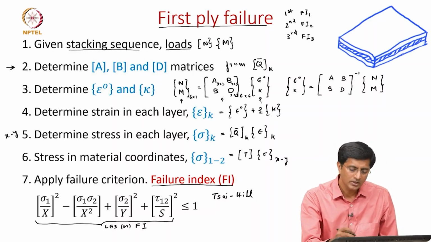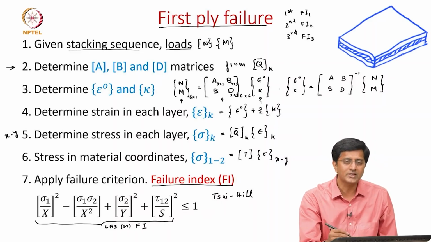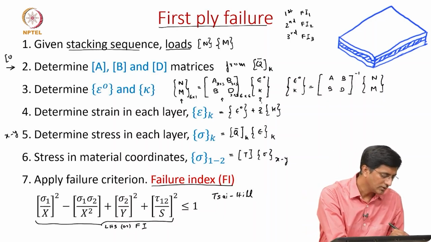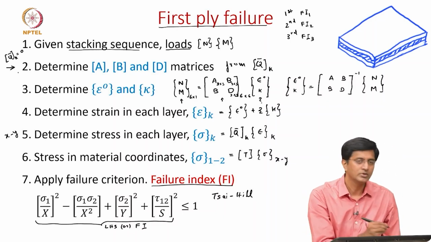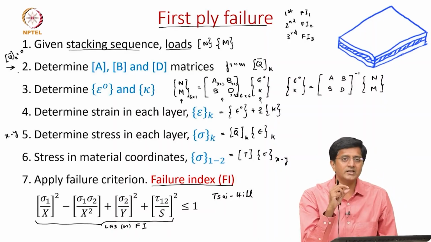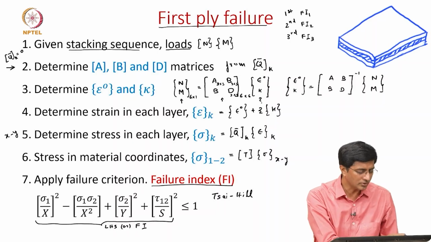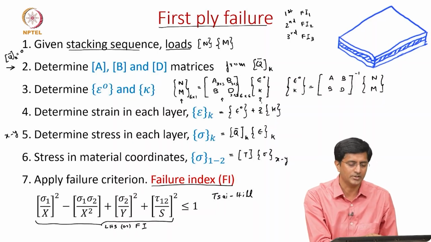Let's say the kth layer is the one which has failed. We simply say the Q dash of the kth layer is 0, meaning we are degrading the stiffness of the kth layer. The rest all will remain the same. So based on that, you will have a new set of updated ABD matrices.